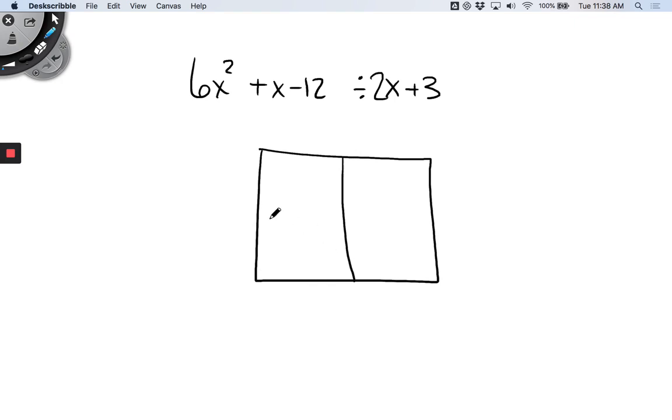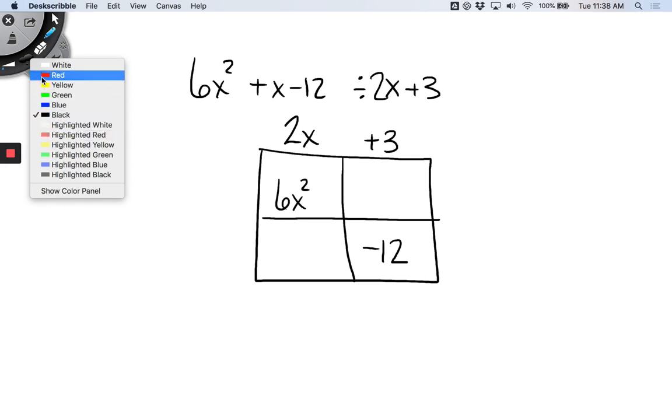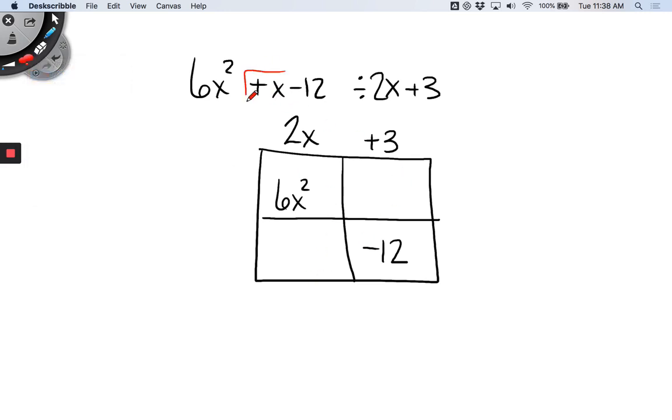You would make a grid, and you would have 6x squared here, and you would have negative 12 here. And you know that one side of the grid is going to be 2x plus 3, and we're trying to figure out the other side of the grid, but we also know that we have this positive 1x, so we know these two numbers have to add to be 1x.